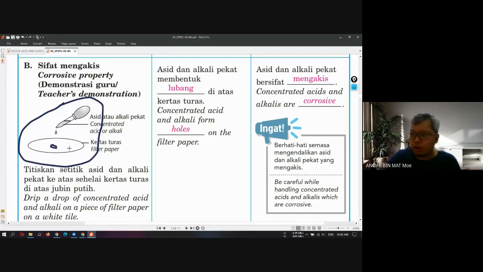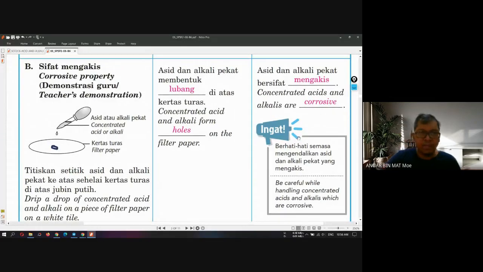It will corrode and burn a bit. This is if you are using strong acid or alkali, or concentrated acid or concentrated alkali. It will make a hole in the paper, and we can conclude that the second property is that concentrated acid and alkali are corrosive. Okay, B. Is it okay?